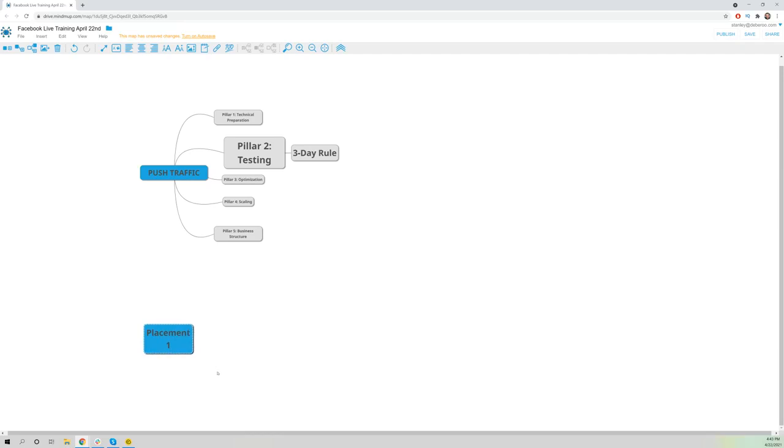All right. So the 3-day rule. What are we gonna do? Over 3 days, we are going to spend 3 times CPA per day. And at the end of the 3 days, that's the point where we are going to decide whether it's going to work or not. All right. So let's actually do it like this.